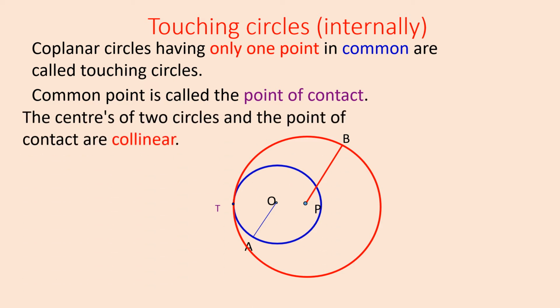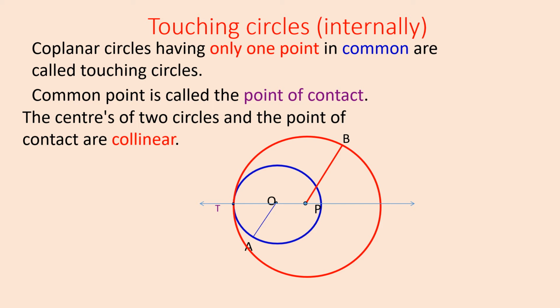The center of the circle, you can see that point O and point P are the centers of the two circles, and the point of contact T, they are collinear. If you want, you can check it out by drawing a line.